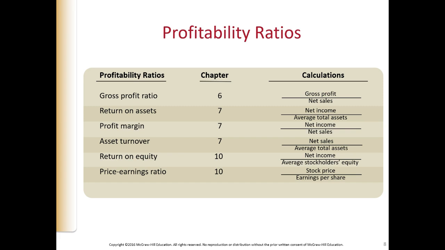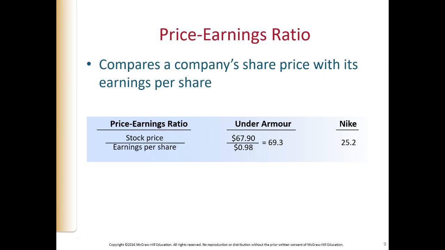As you start getting higher, the investing public has a lot of interest in that business, and they really expect the business to do very, very well in the future. Sometimes you'll see these ratios at 25, 30, 40, 50. And again, it's just the investing public's confidence in the company. Here's an example using Under Armour.